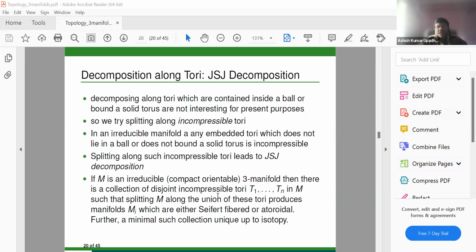I will tell you what these are. Further, a minimal such collection is unique up to isotopy. So we were talking about a unique decomposition in the case of prime manifolds.